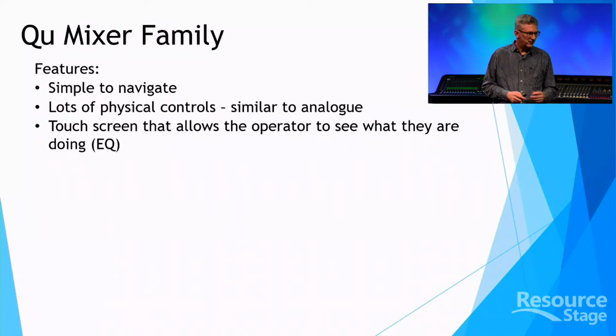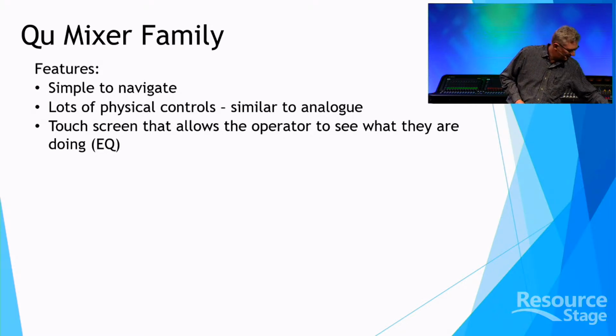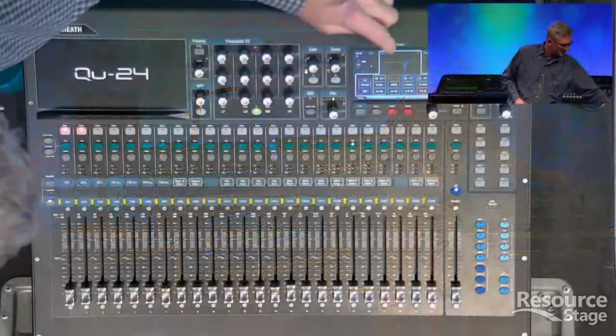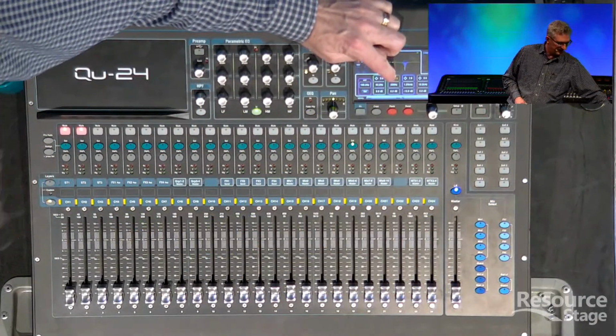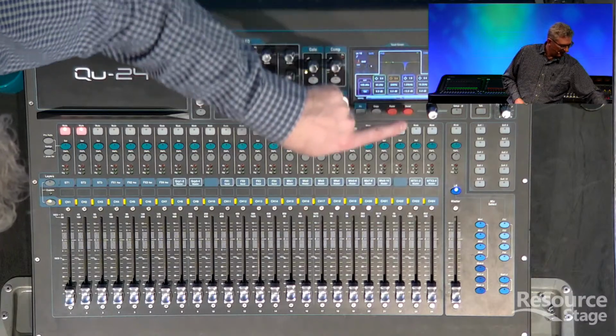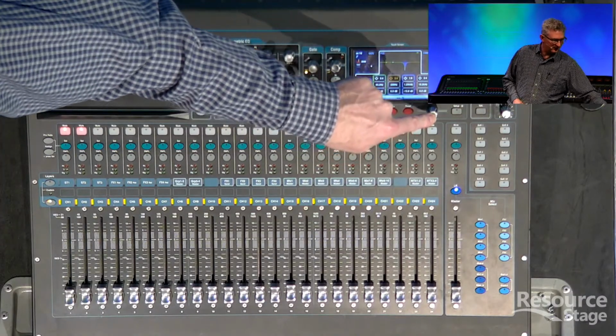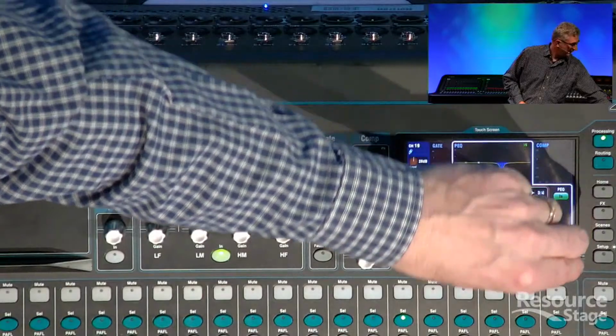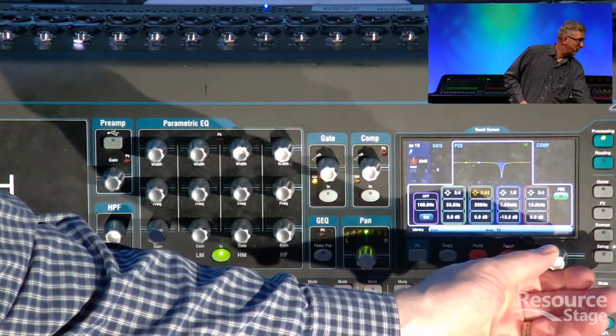The touchscreen. We've already demonstrated the touchscreen allows us to see what we're doing, and being a touchscreen, we can adjust the parameters. If we go back to here, we can select a parameter on there, and then this knob down here will then adjust it.